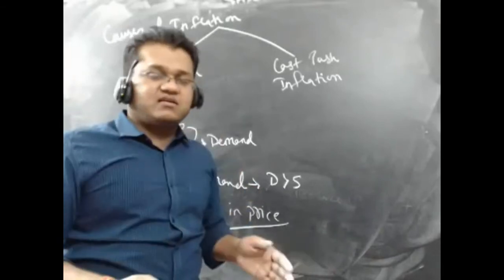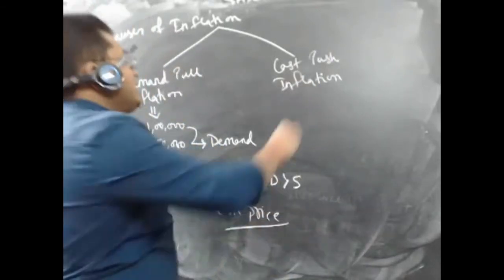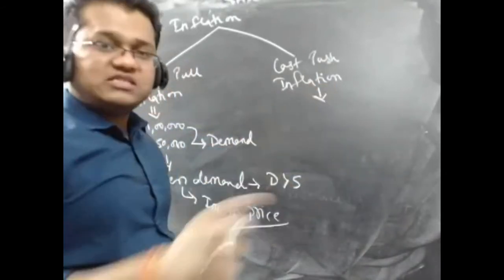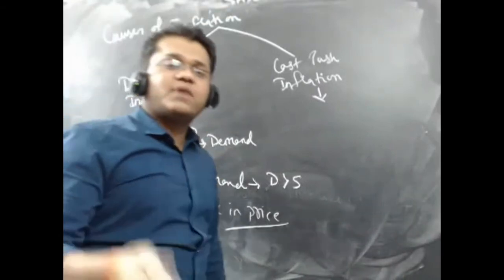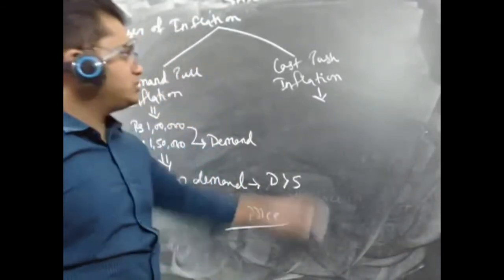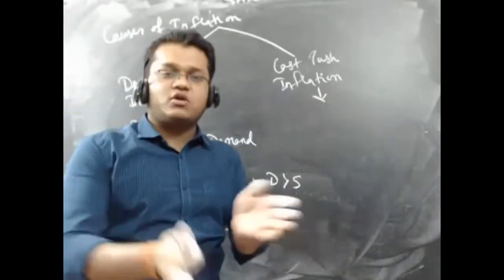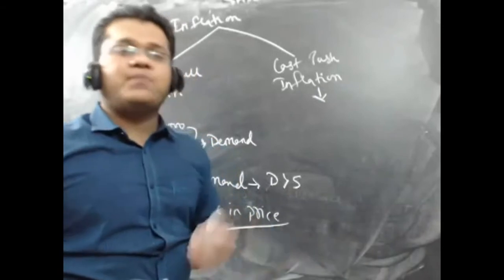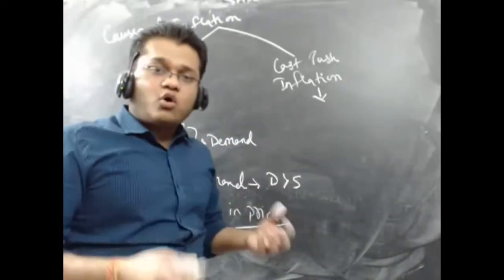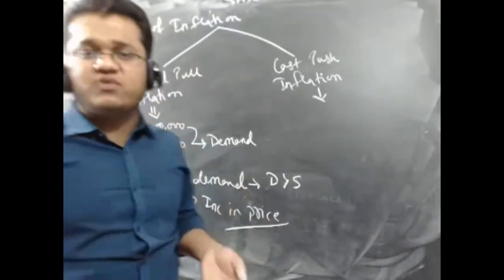So for anything, if demand will increase, price is bound to increase. Now cost push inflation. One of the reasons for disinflation I have given you is that if the price of input material goes down. Now suppose tomorrow the price of rent that I am paying for this room which I have taken on hire to teach you, the price I am paying for internet, the price I am paying for electricity, if the cost of all this input will go up, then obviously my final price will also go up.